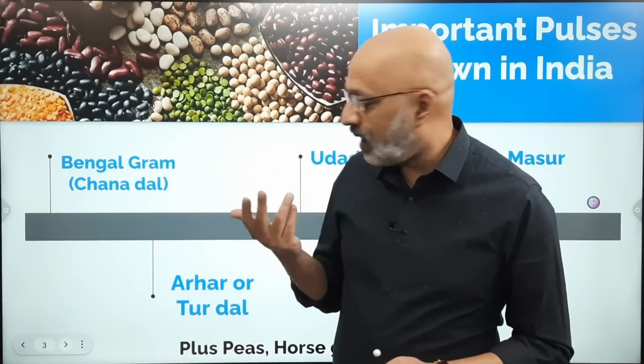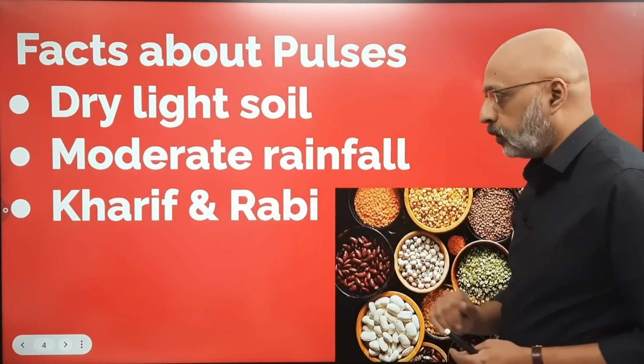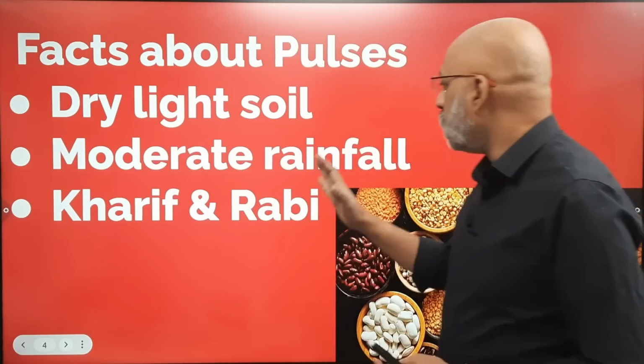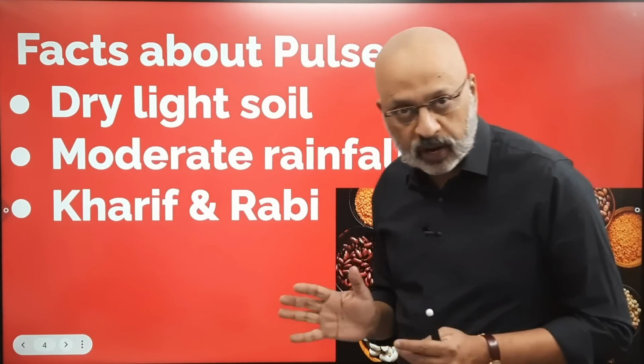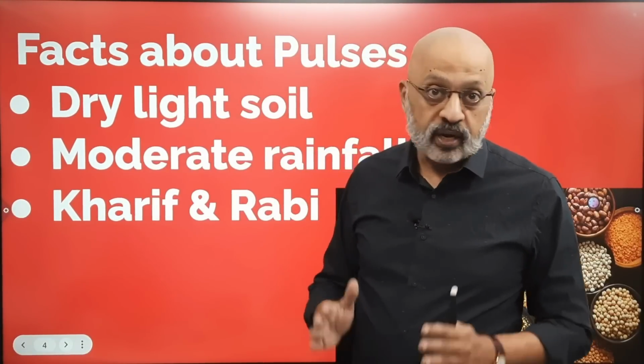Now, what are the climatic conditions in which pulses are grown? You need moderate rainfall of about 50 to 75 centimeters. ये सब आपको टेबल बना के याद रखना पड़ेगा. I am saying if there is any chapter जहाँ पे काफी, I wouldn't use the word रट्टा, but जहाँ पर काफी सारा याद करने के लिए है, that is the agriculture chapters.